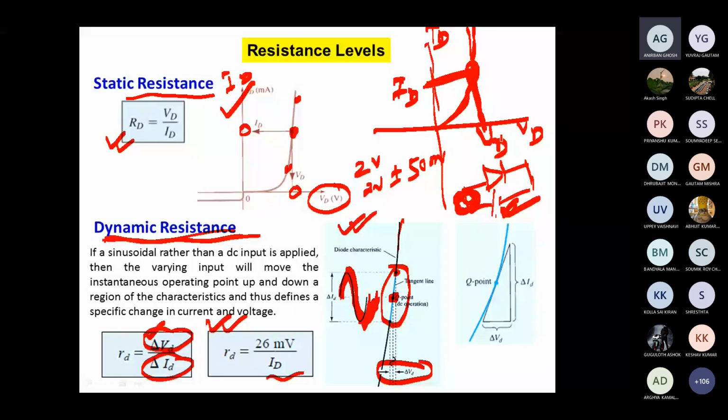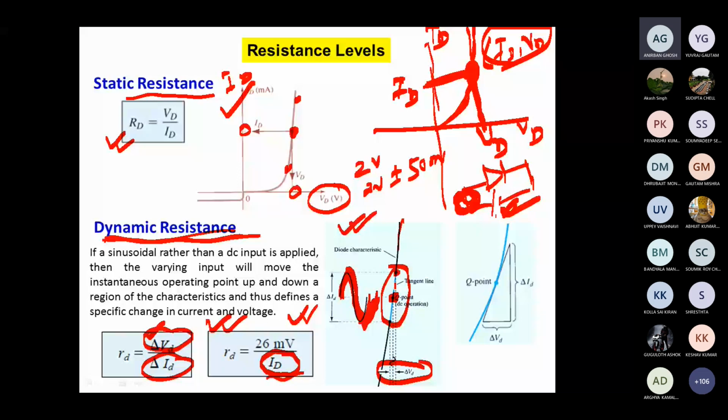That means this coordinate is ID, VD. Around this current you are changing the delta ID. So this one is your diode current at the operating point, and 26 millivolt. If you use this, then you can get the dynamic AC resistance at that particular DC bias.